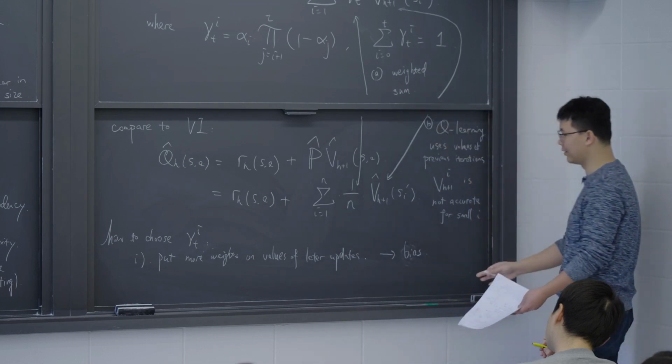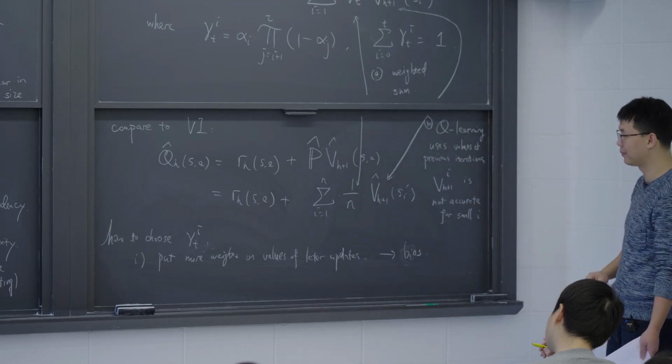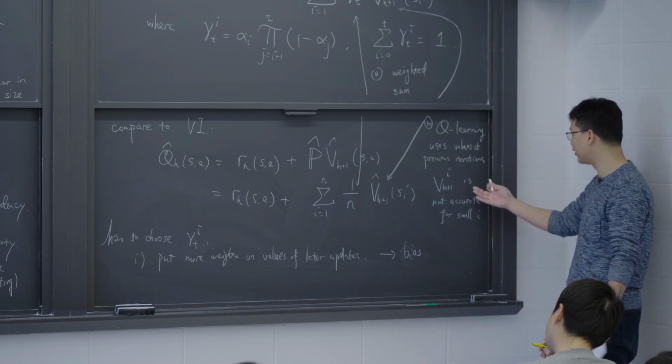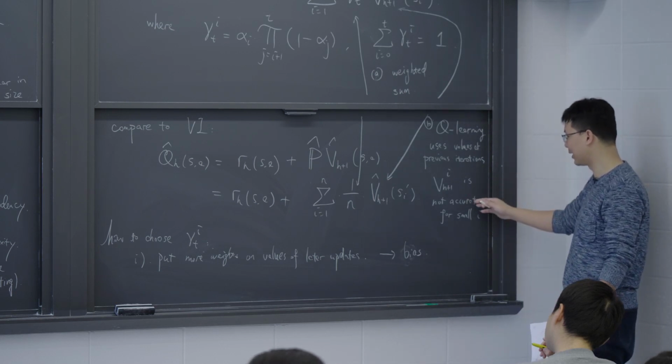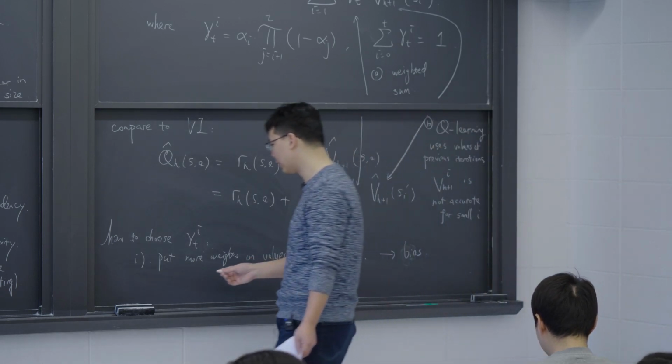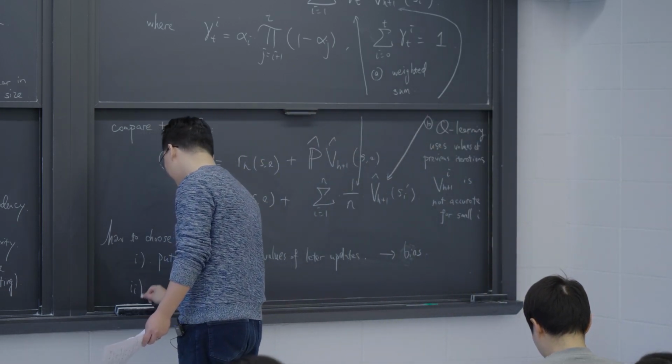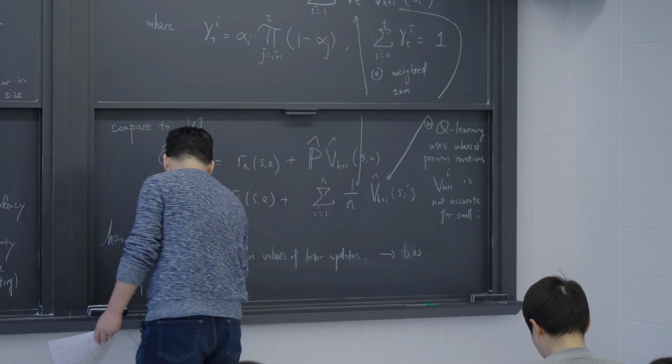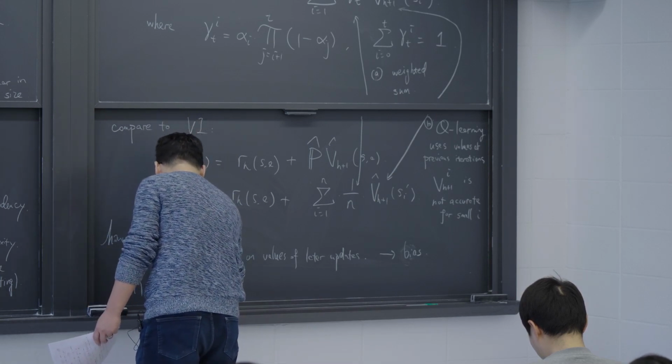Ideally, for example, we just put a probability 1 or the weight 1 on the very last iterate, and in this way we have the smallest bias. However, we should not do that, because the second thing is we want gamma i to be spread out.